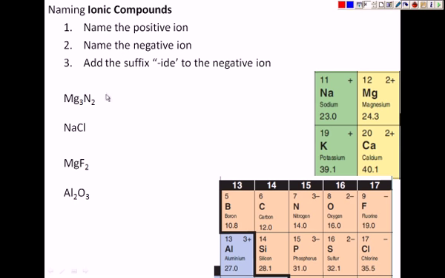So let's take a look at the first example right here. We have Mg3N2. On your periodic table, what you want to do is find the positive ion, Mg, and we find it right here. So Mg, the name of it is magnesium. So we're going to name the positive ion first, magnesium.